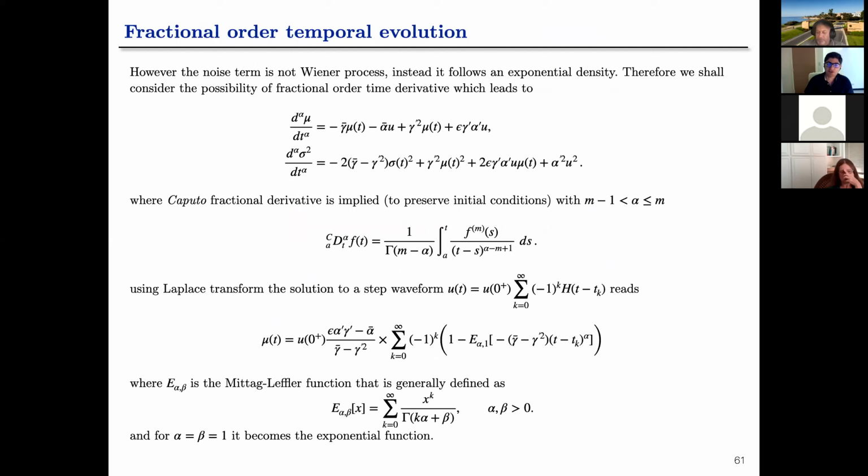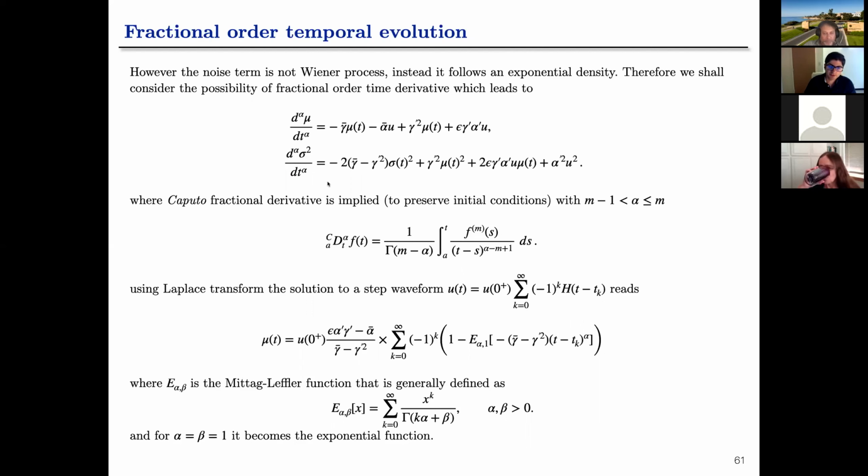But as I mentioned, the assumptions that I've made about the distribution of the perturbation in the alpha and gamma parameters are very crude. In fact, when you look closer, you'll see that the probability distribution of those variables follows more like an exponential. And for those cases, it is known that the equation has to be modified a little bit by changing the order of the temporal derivative to some alpha. This alpha could be less than or more than 1.